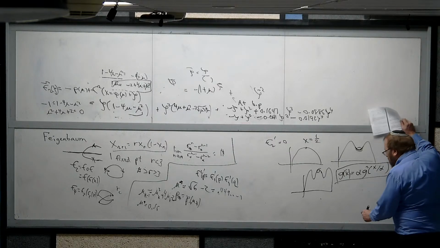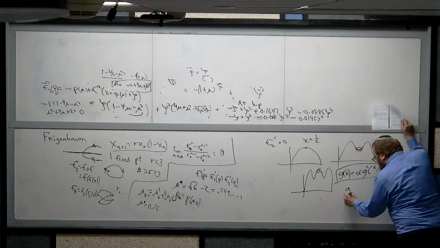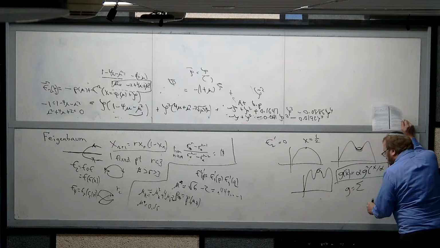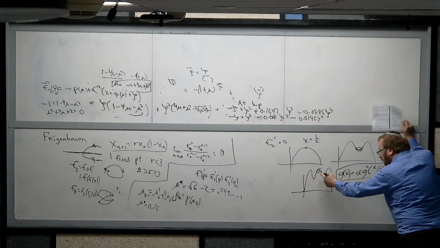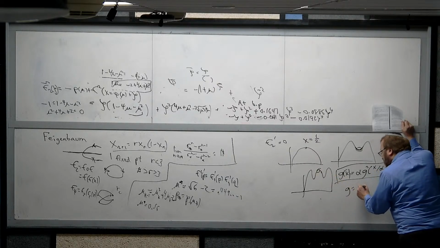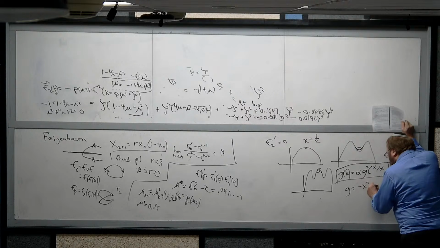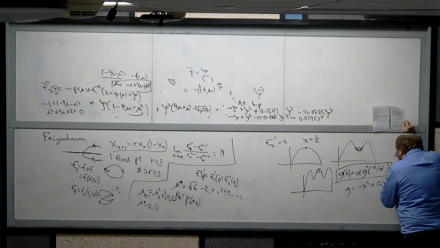What you do is write a Taylor expansion. What he did is write a Taylor expansion for G. We can define this to be 0, so it goes like minus x squared plus c1 x to the 4th plus c2 x to the 6th, and so forth.